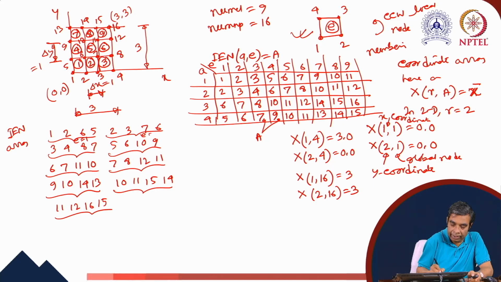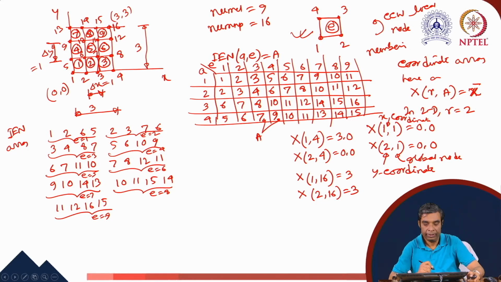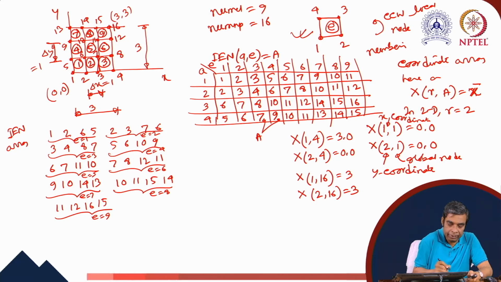The second data, global node number data, is for e equals 2. This is for e equals 3, this is for e equals 4, e equals 5, e equals 6, element number 7, element number 8, element number 9. So this IEN data is rearranged. This we have already shown for the one-dimensional problem. Here 1, 2, 6, 5 gives the correspondence between local node numbers and global node numbers.